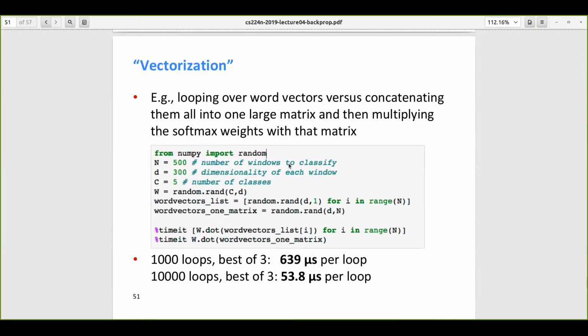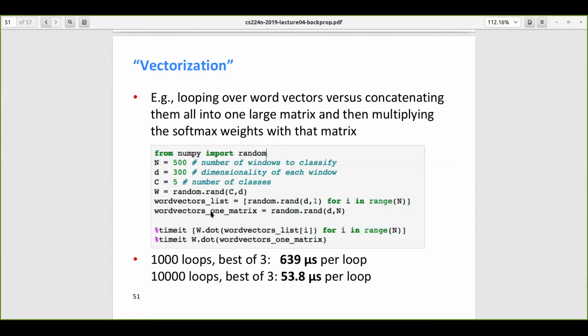Vectorization here, I think you can define it in different ways depending on how you use it. But here we are talking about how to make the matrix multiplication much more efficient.